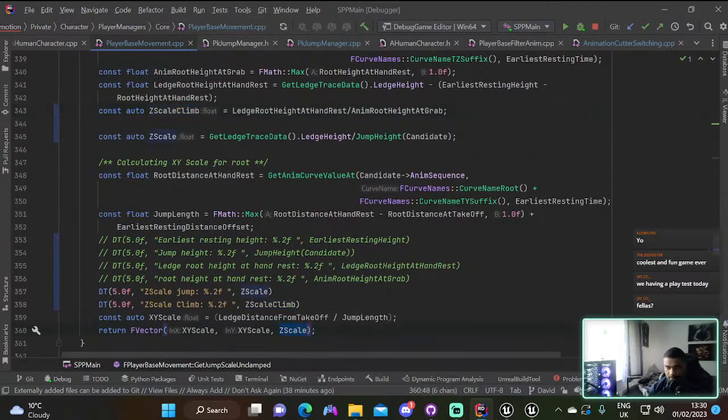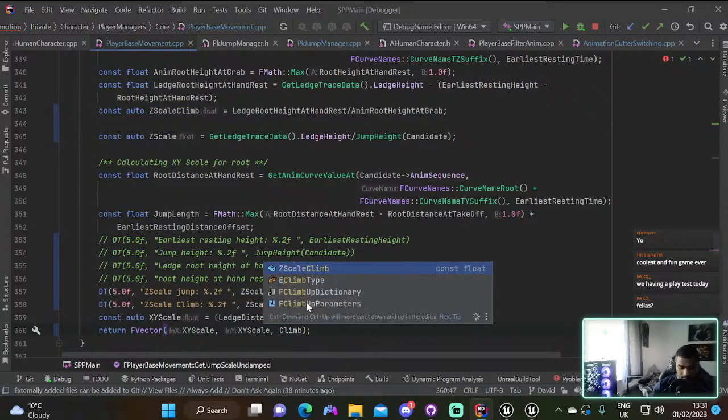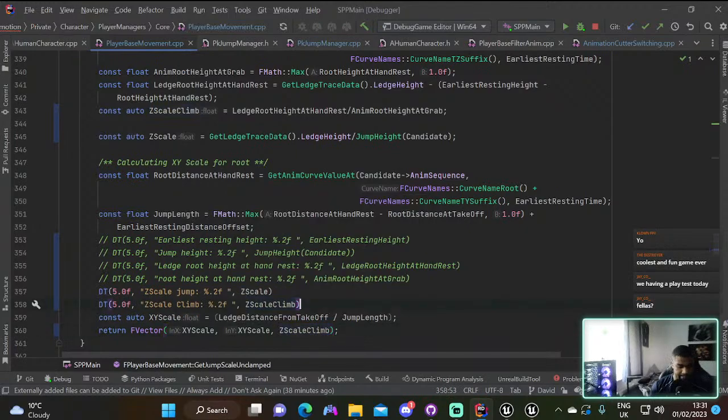Okay, so basically, I want to know if interrupting the root modifiers after we reach the climax, what is the effect of that on the motion?